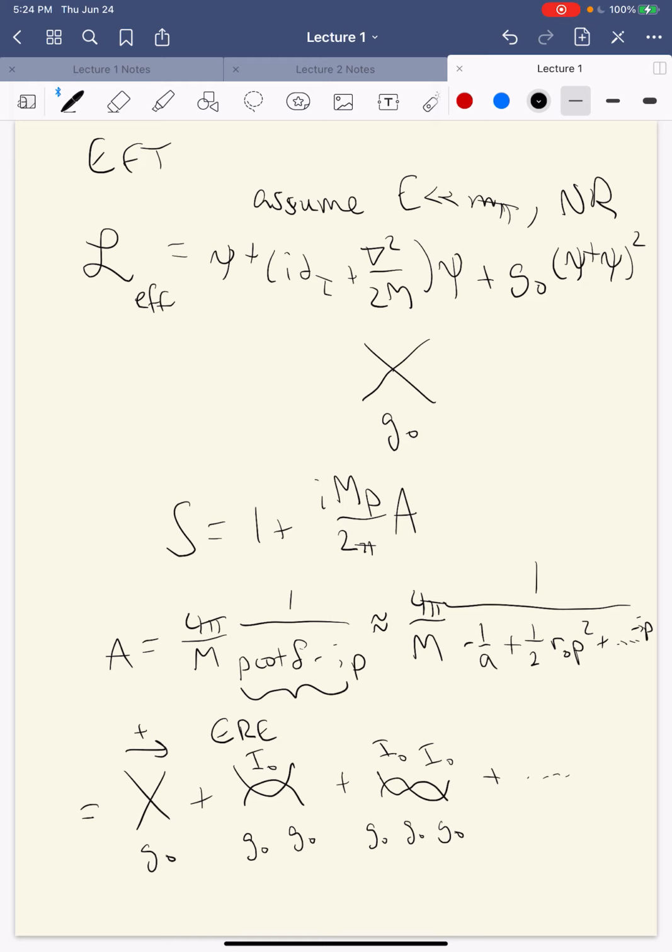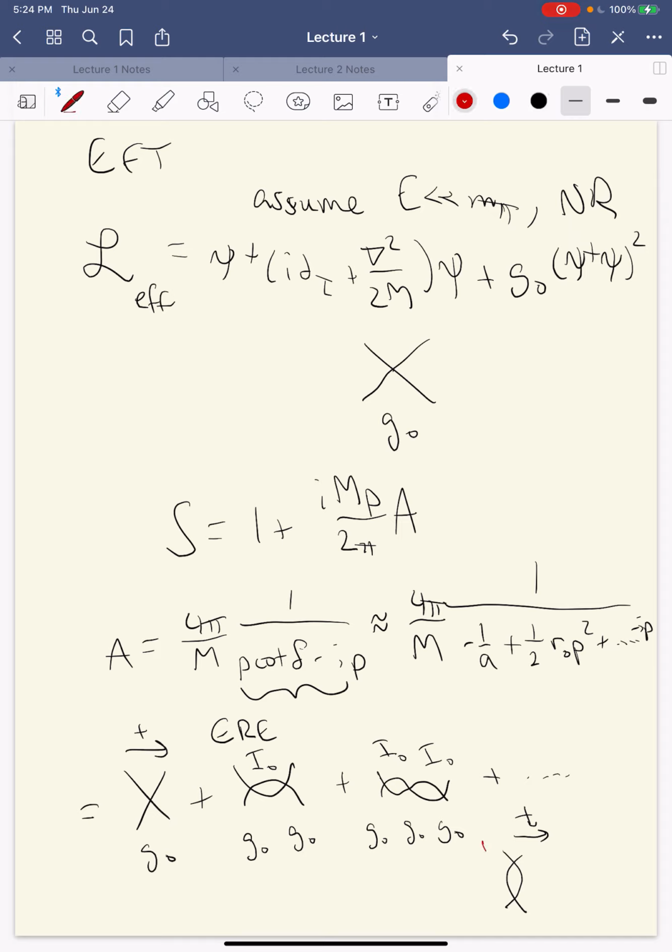Now, I said that this is a small number because it's a non-relativistic theory. So what that means is because time runs this way, that's a t, not a plus, and we have a non-relativistic theory, we can't have diagrams that look like this because we can't have particles that propagate backwards in time, or in other words, we can't have antiparticles because we're in a non-relativistic theory.